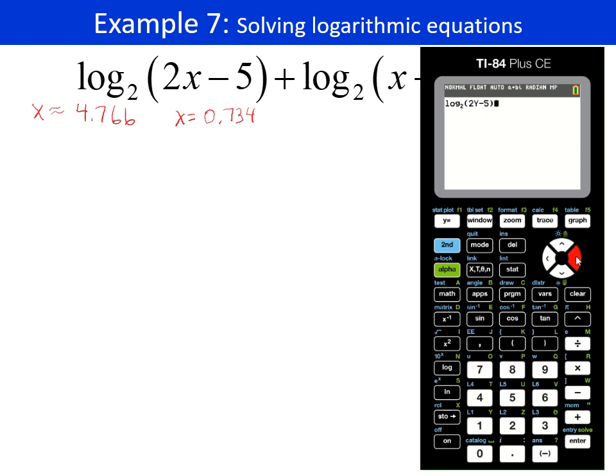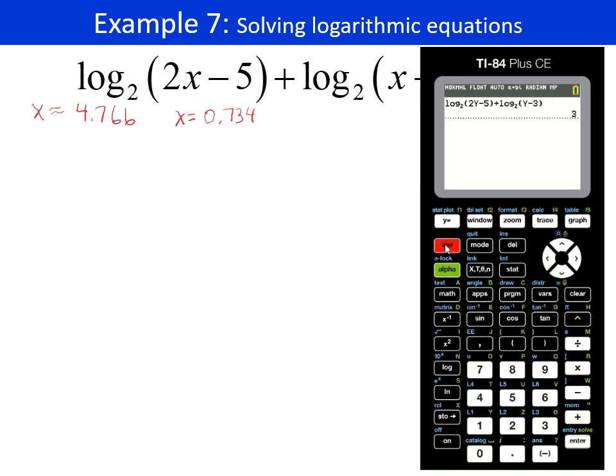Then we'll do the log base 2 of the x minus 3, which we'll use a y for, and see do we come out with a 3. Well, that's cool. That one checks out.